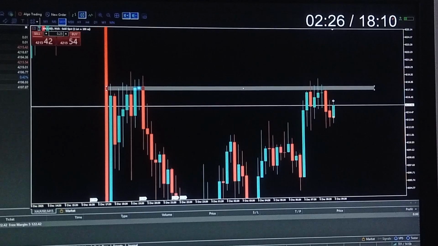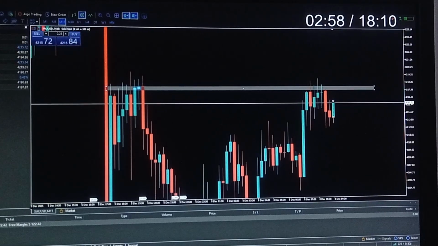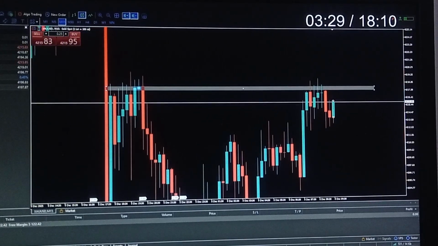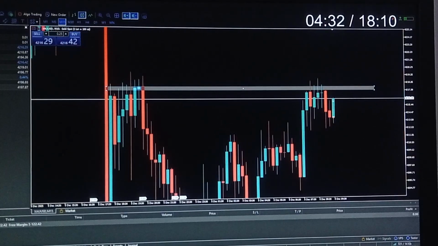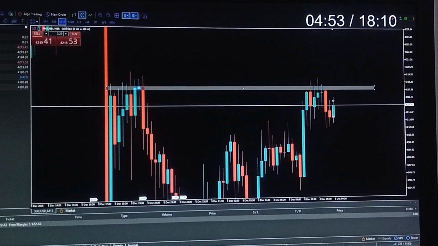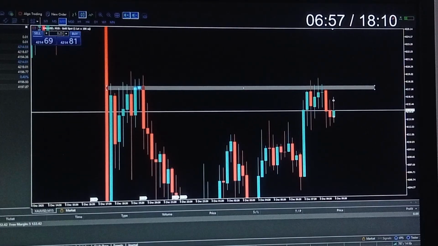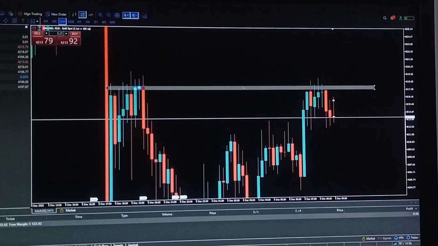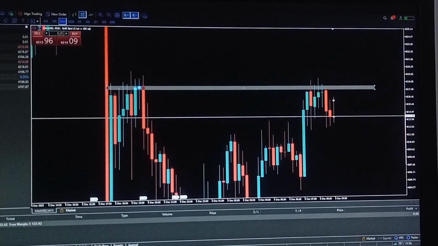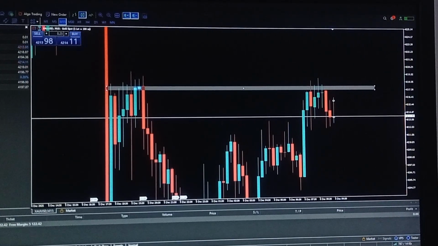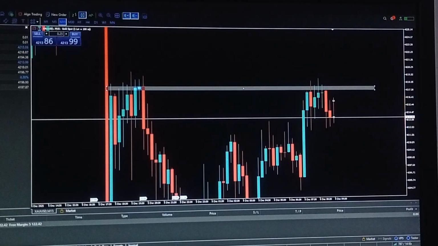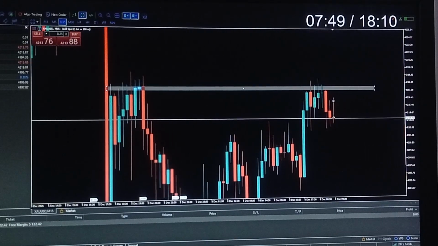I'm gonna just fast forward it a little bit. It took my stop loss, and then it retraced a bit more, and then started to go down again. Over here, after 7 minutes, it started to go down again, and after going down, it started to break its previous low, which you can see over here.